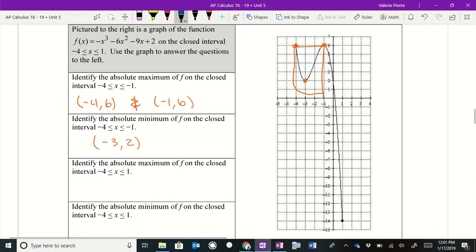Now we're looking at the interval from -4 to 1, which is the whole graph. So our absolute maximums are still going to be -4, 6 and -1, 6, because those are still the highest points of our graph. However, now the lowest point of our graph is at 1, -14.